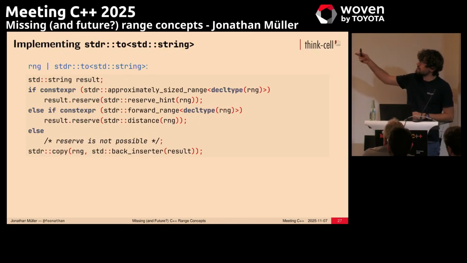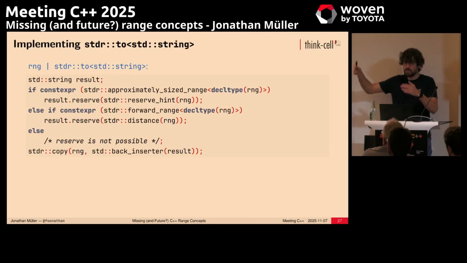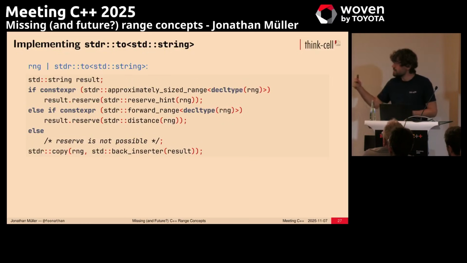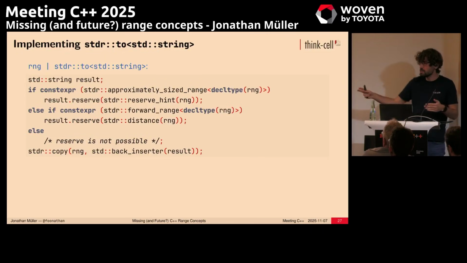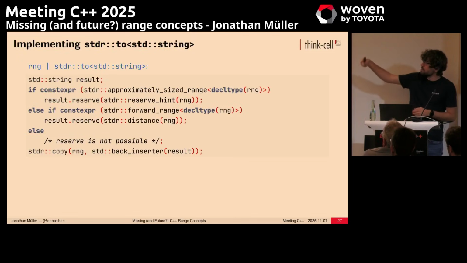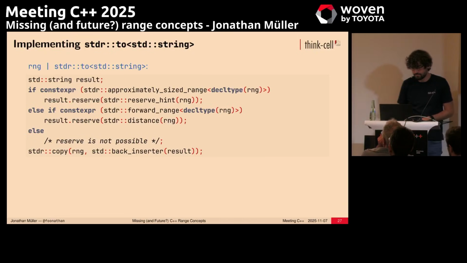If the range is sized, this falls down to size, and then reserve hint is just size. If it's a forward range, we can loop over it once to compute the size and use that. But if it's an input range, then we can't really do that, because if we looped over it once, now we know the size, but we can't loop over it again, so that was kind of pointless. And so in this case, we will have repeated regrowing when we do the copy with the back inserter.